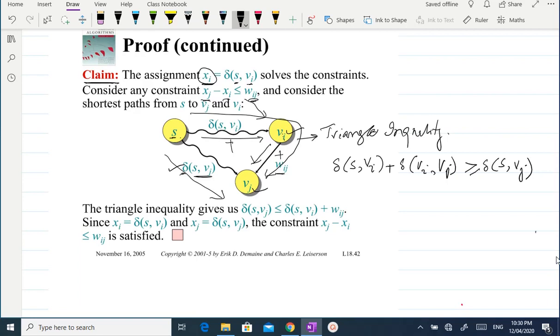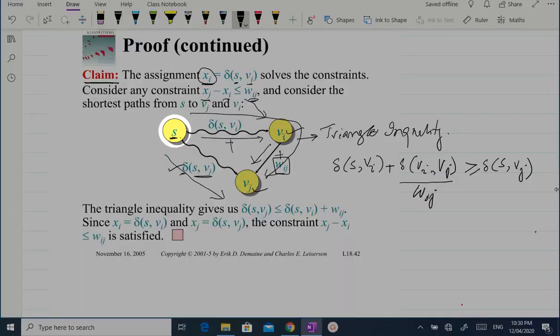In this case, as you see, this wij is the edge weight between vi to vj. And the shortest path between s to vi is what?